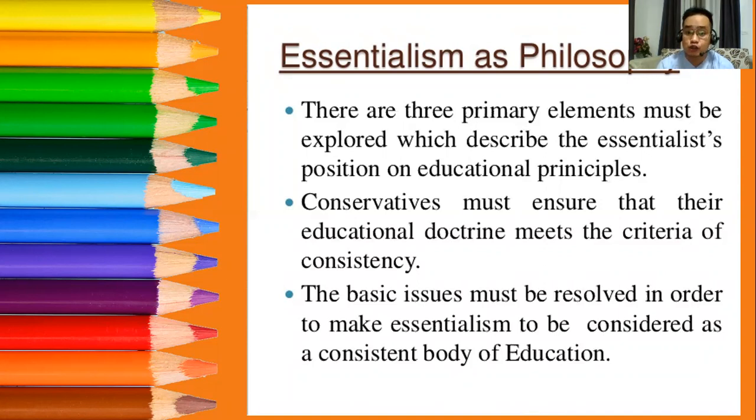The basic issues must be resolved in order for essentialism to be considered a consistent body of education. So if you say essentialism as philosophy, we discuss the elements of truth, values, and the individual and the society.